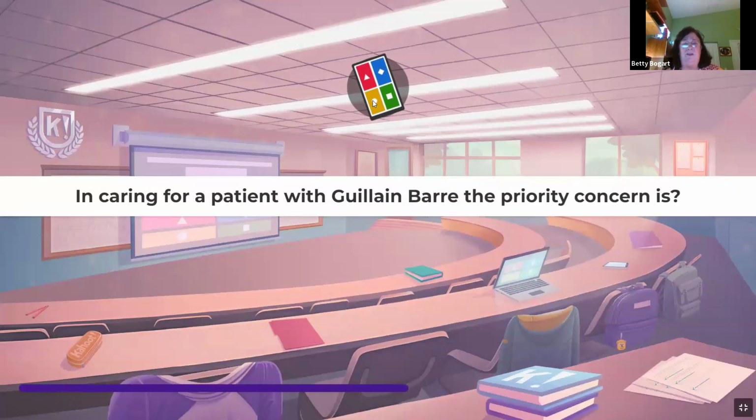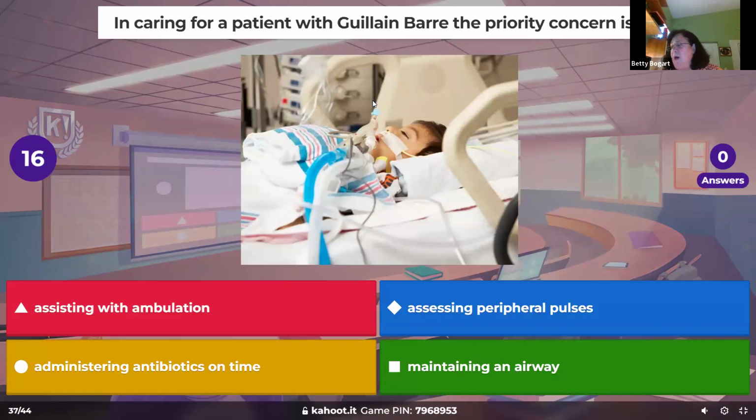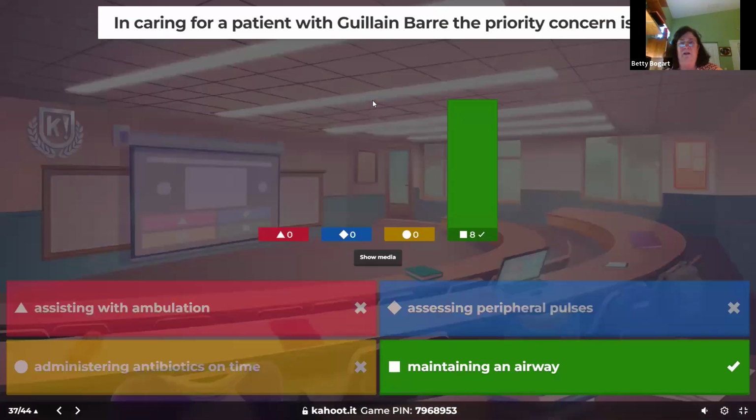In caring for a patient with Guillain-Barré, the priority concern is what? What's your priority here? Guillain-Barré comes from the feet and ascends up, and when it hits the phrenic nerve, the diaphragm doesn't move and these children don't breathe.